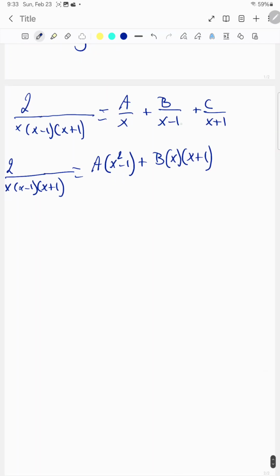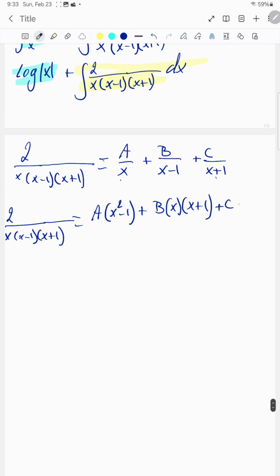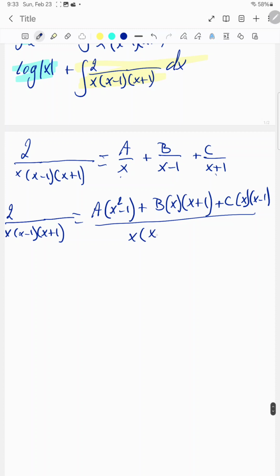And if I divide it by (x - 1), I would have those two, plus c times (x - 1). And all that, the common denominator is x times (x - 1)(x + 1).